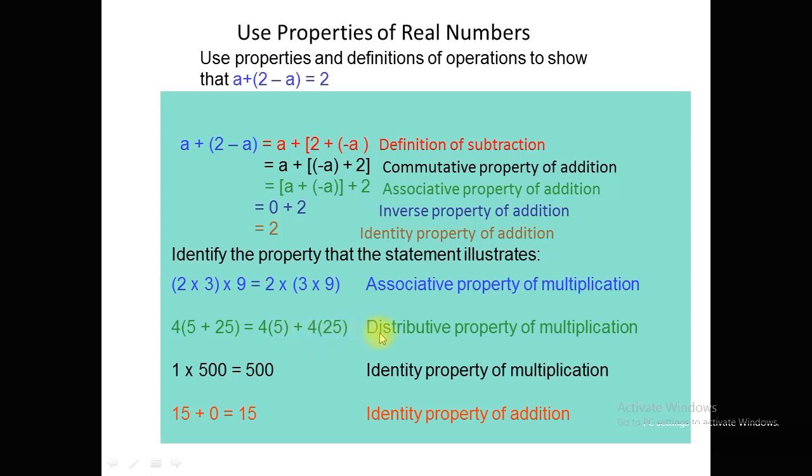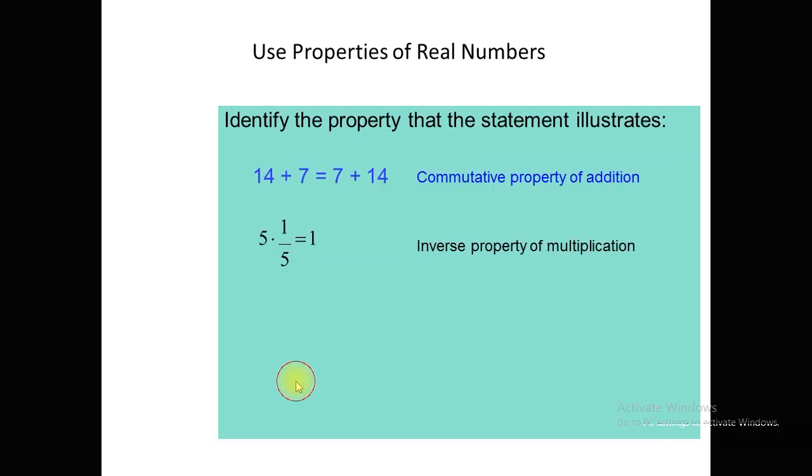This is the distributive property of multiplication over addition. And 1 multiplied by 500 is equal to 500. This is the identity property of multiplication. And 15 plus 0 is equal to 15. This is the identity property of addition.